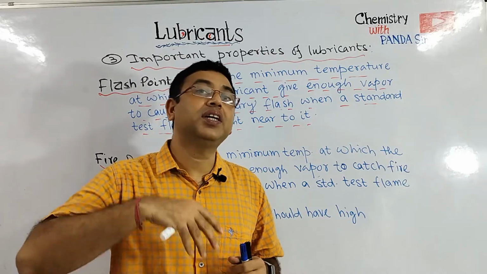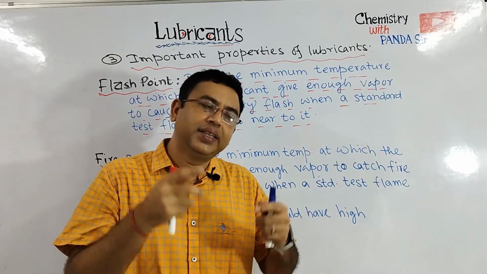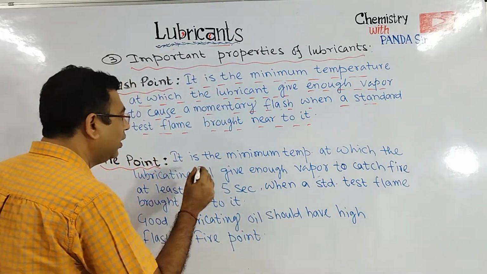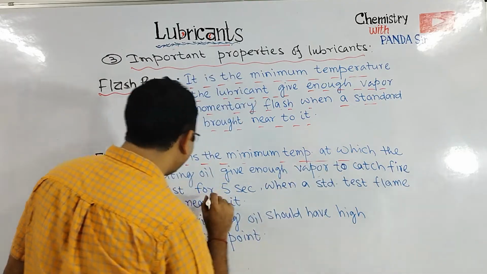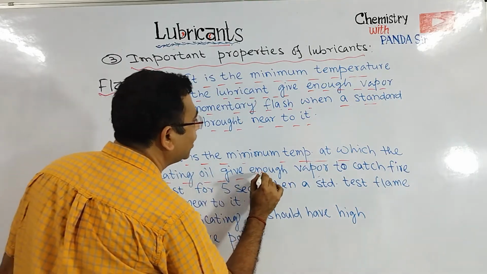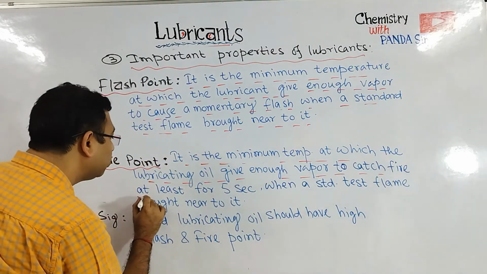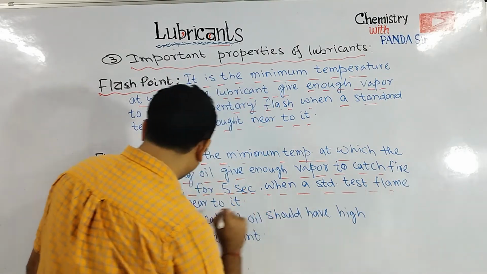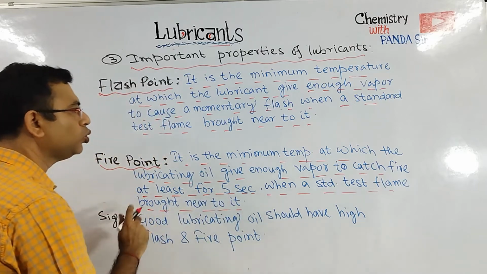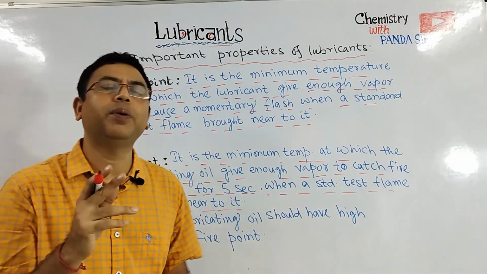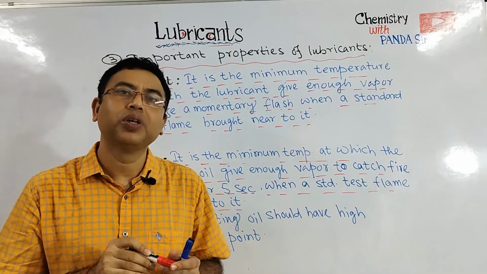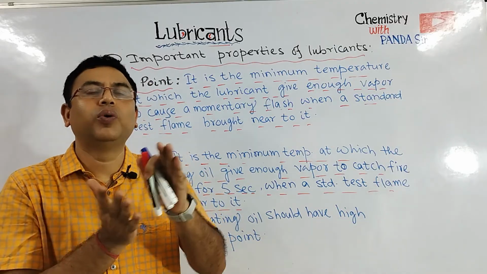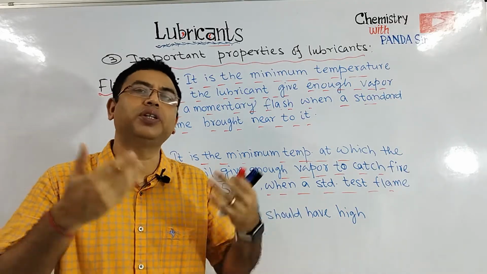And if I further increase the temperature, the lubricating oil may catch fire. The lubricating oil gives enough vapor to catch fire for at least 5 seconds when a test flame is brought near to it. So these two parameters are highly important. The lubricating oil's working condition is vigorous because the temperature goes high.